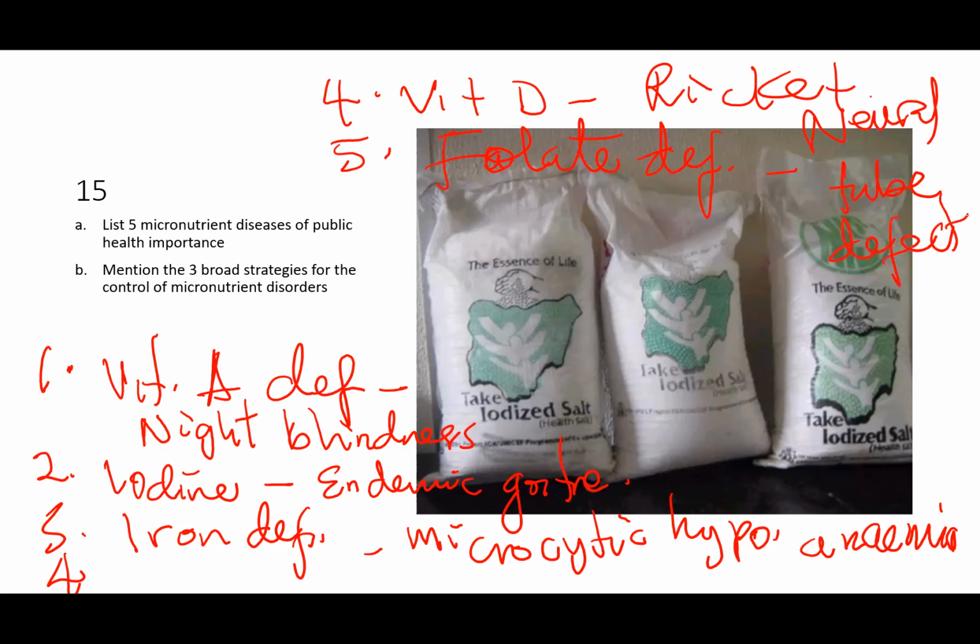Folate deficiency. Now, please remember the five micronutrient deficiencies of public health importance. Vitamin A deficiency causing night blindness, iron deficiency causing endemic goiter, iron deficiency causing microcytic hypochromic anemia, vitamin D deficiency causing rickets, folate deficiency causing neural tube defects.